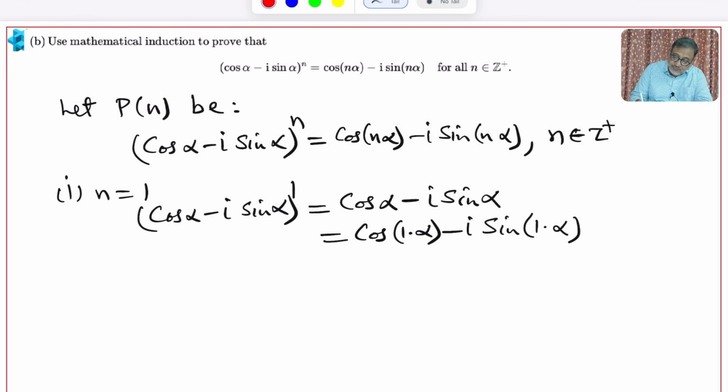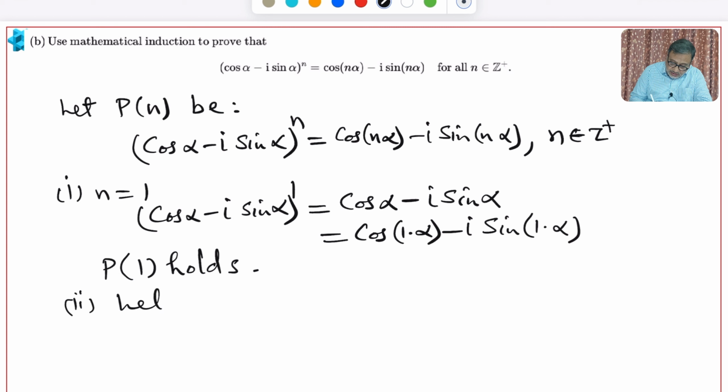So look here, n into alpha is like 1 into alpha, because the power was 1, here power is n. Okay, so therefore P of 1 holds. So it is true. Second part we will say let P of k hold.